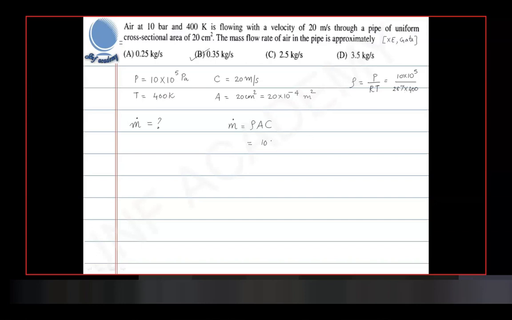I'll just put it here, 10 power 5 by 287 into 400, into area which is 20 into 10 power minus 4, and velocity is 20. Now you can just feed that in your calculator and you will get 0.348, sorry, 0.3484 something kilogram per second. Okay, which can be rounded as 0.35.